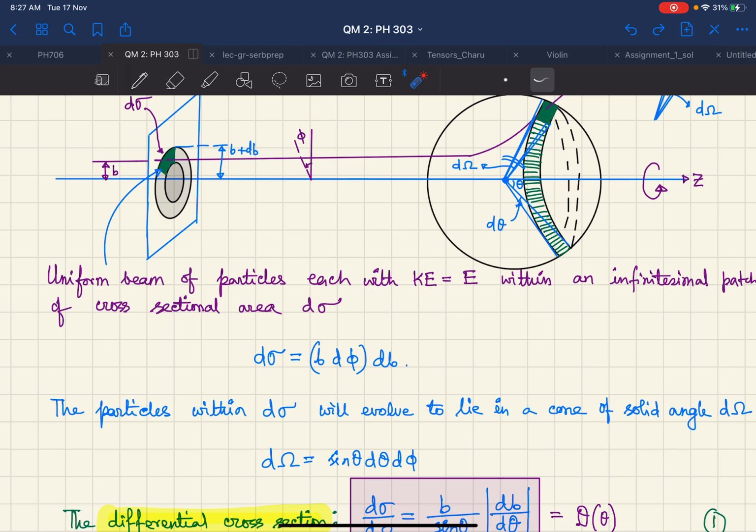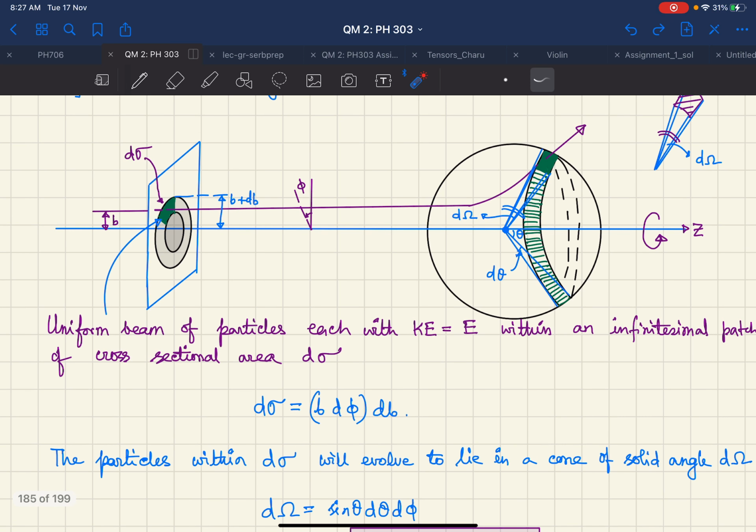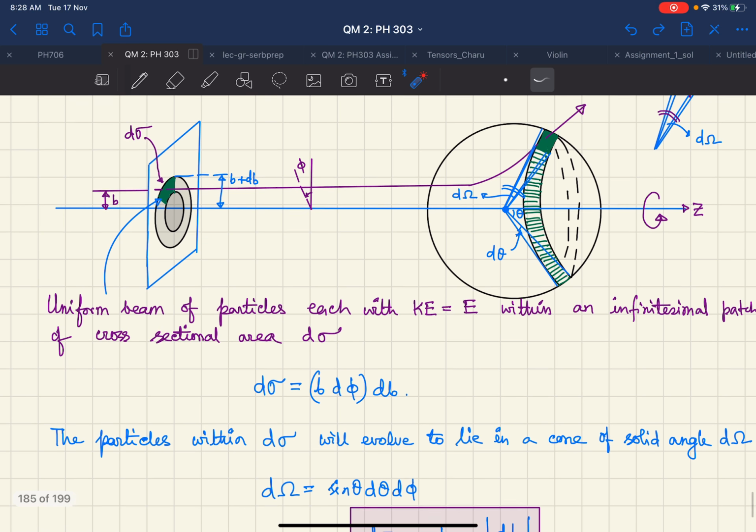Now the particles within dσ will evolve to lie in a cone of solid angle dΩ, because all the particles coming in through this patch scatter into different angles like this, because of the presence of some scattering center here, and we have assumed spherical symmetry of the scattering center.